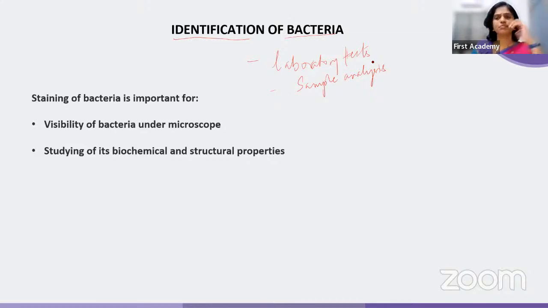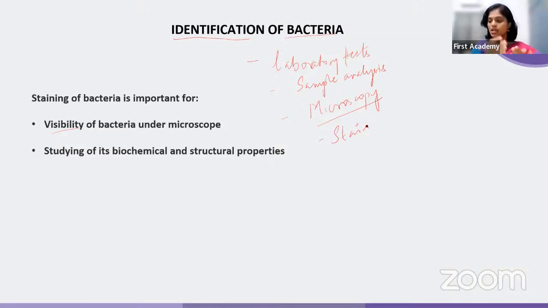it is in these cases that we have to identify the presence of the bacteria. Now, there are various ways in which we can know, but suppose you want to study these microorganisms, the only way we will be able to study them is using microscopy. Now, when you want to visualize a bacteria under a microscope, because the bacteria are colorless, you need to add some colored stain so that you will be able to visualize them.